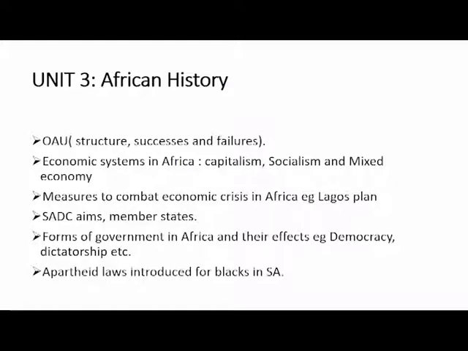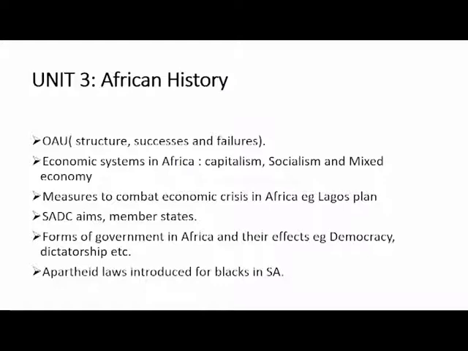Now, after African countries got their independence, they experienced what we call economic crisis. Here we should know the measures to combat the economic crisis in Africa, for example, the Lagos Plan.